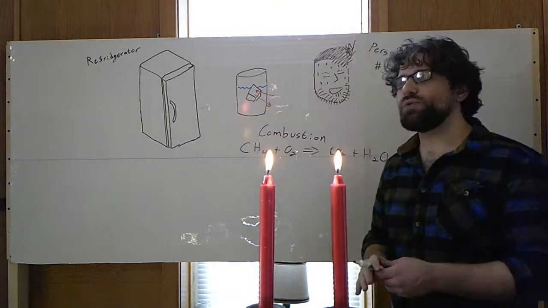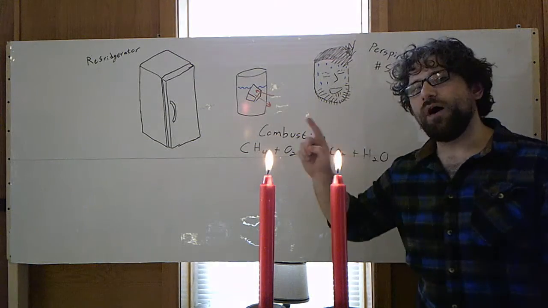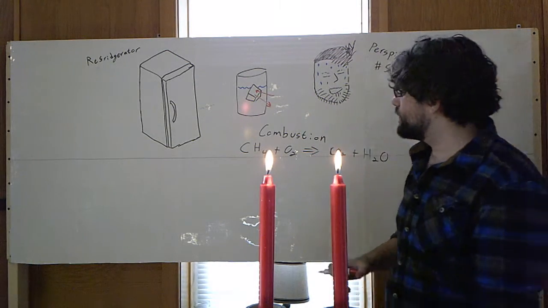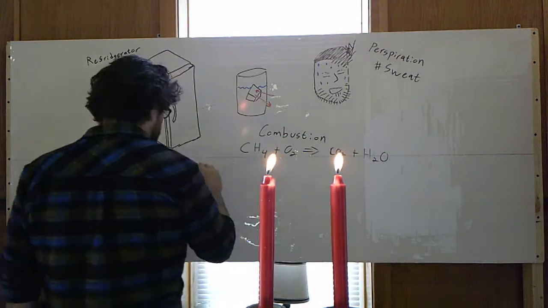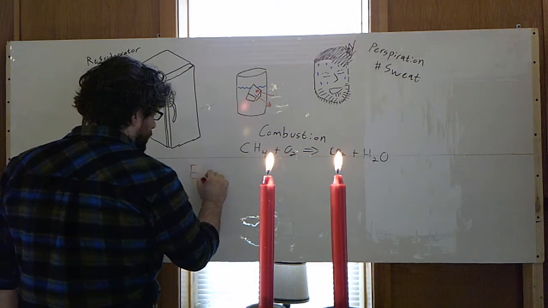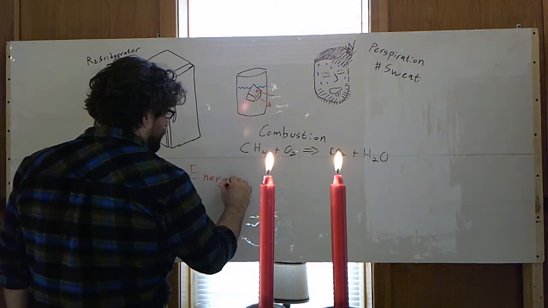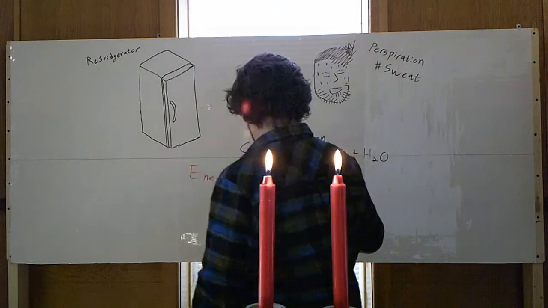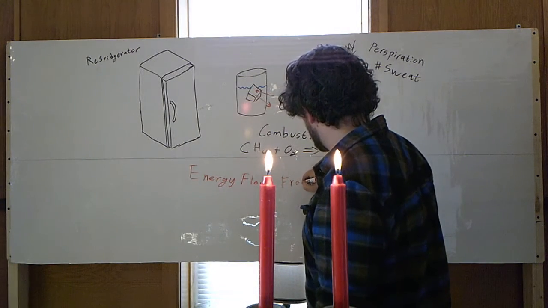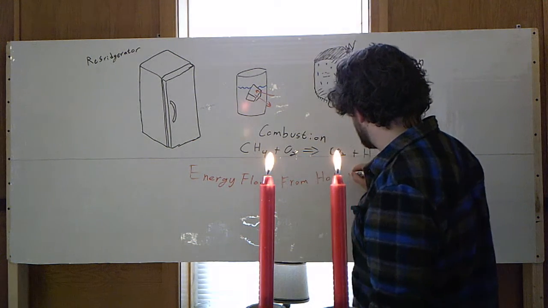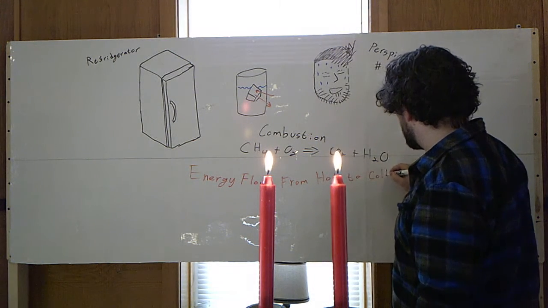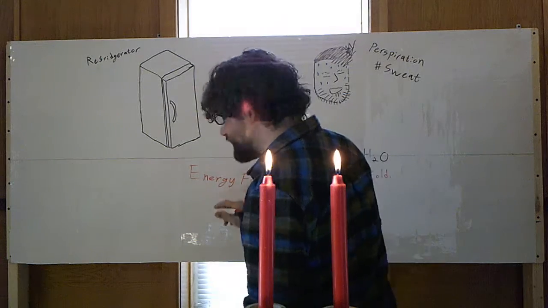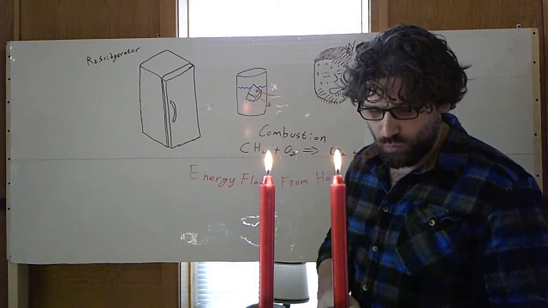So what we're really saying is, why can't the temperature flow from cold to hot? So energy flows from hot to cold. The question I have is, why not the other way?